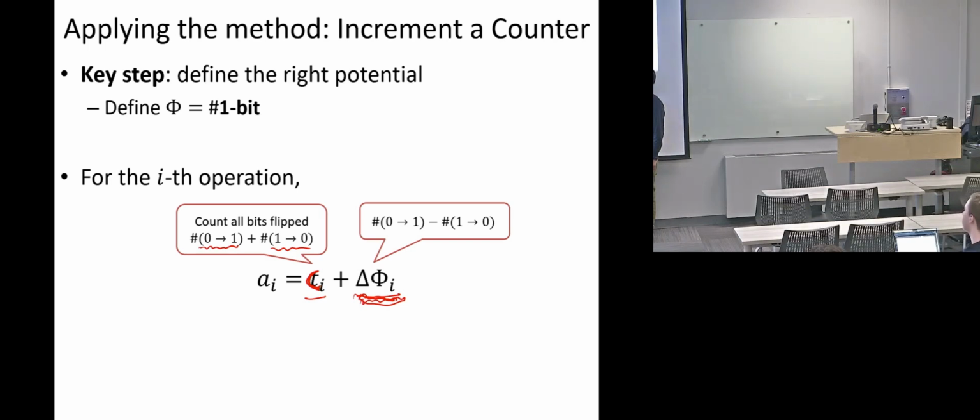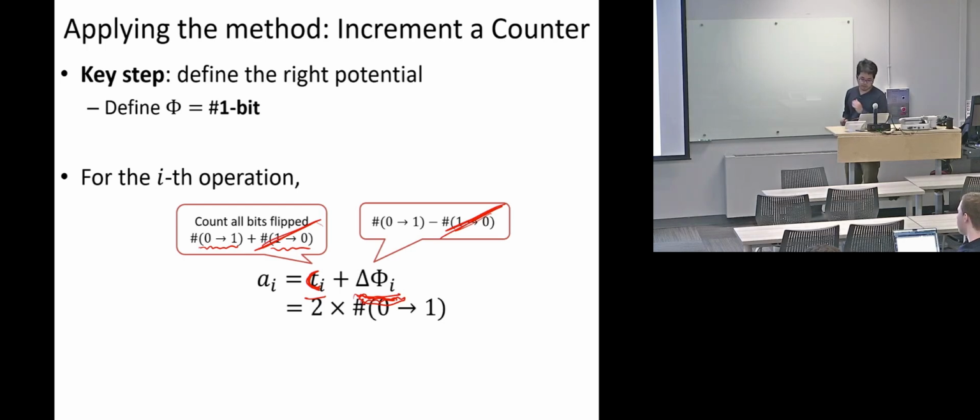Make sense? And when you add them up, you see that there is some cancellation here. So you get that this is just 2 times the number of bits that are flipped from 0 to 1. But you know that the number of bits that are flipped from 0 to 1 on each increment is at most 1.